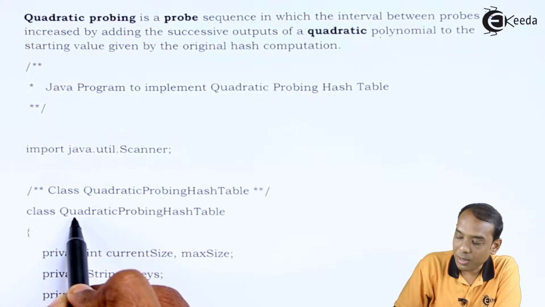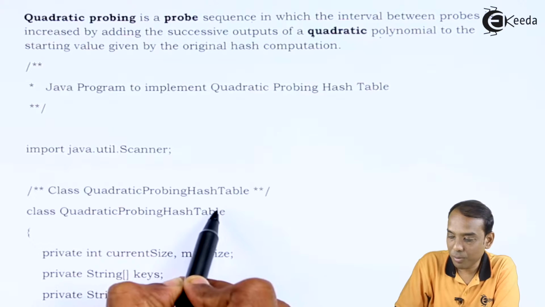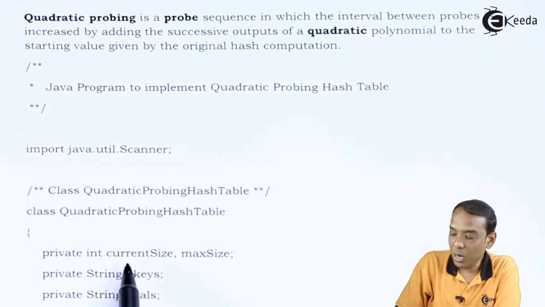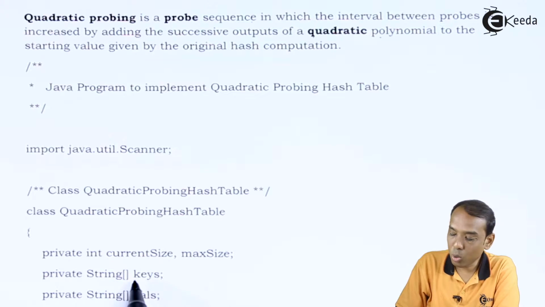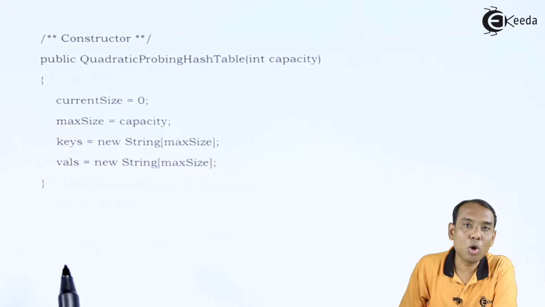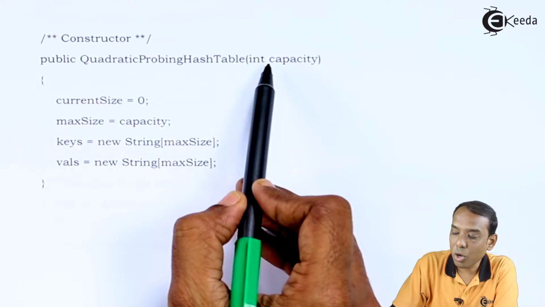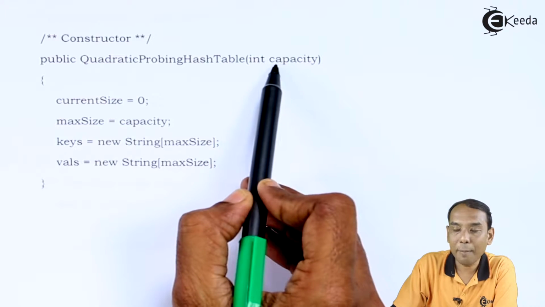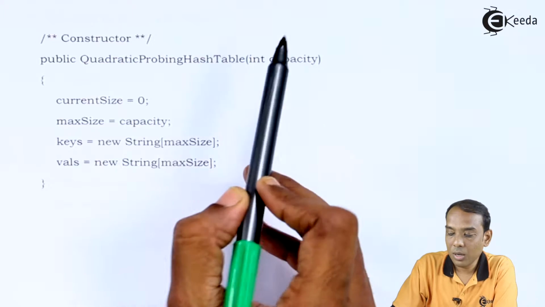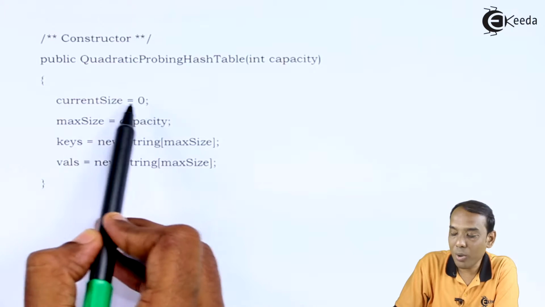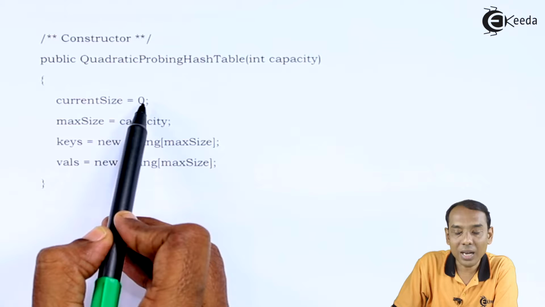I have defined a class named QuadraticProbingHashTable with the values current size and max size. And I have defined two arrays, keys and values, of type string. Once this is done, we call the constructor, in which we have a parameter called capacity. This value of capacity is taken from the user. We have the current size value as 0 since it's a starting point.